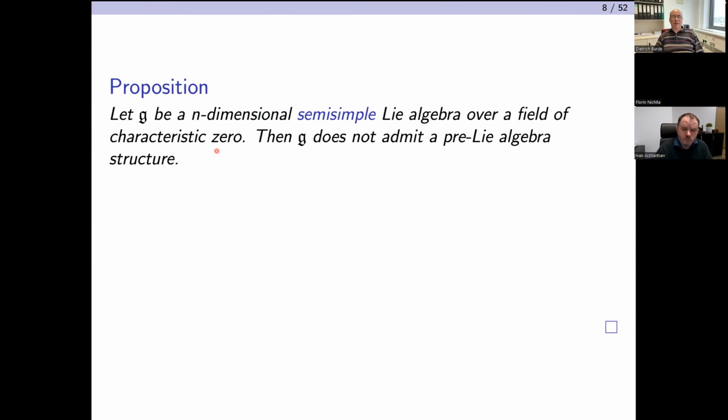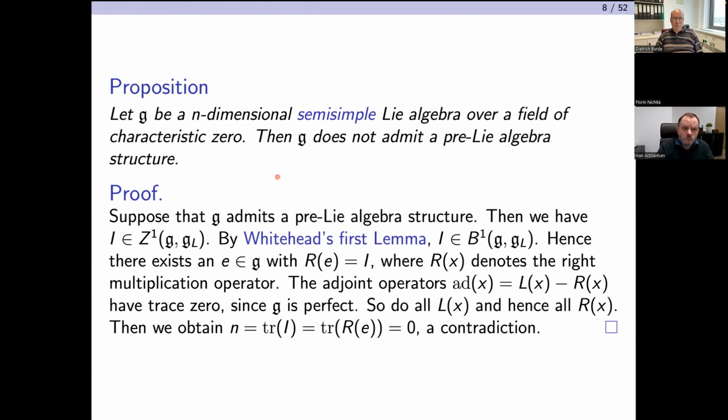If the field has characteristic 0, then there is no pre-Lie algebra structure at all. That was first proved in geometry over real or complex numbers with fixed point theorems, in the language of Lie groups. But later people came up with algebraic proofs.